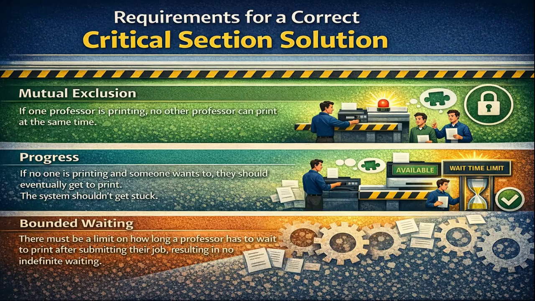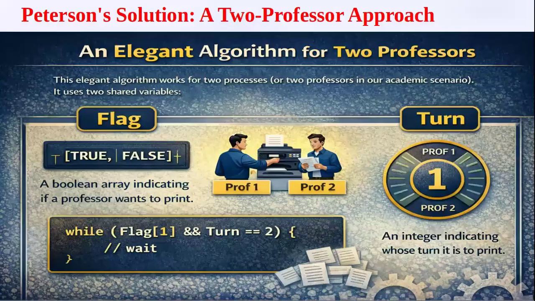Okay, so let us give a solution for this two-professor approach. This solution is called Peterson's solution. It is designed to solve the critical section problem, but one important aspect is that this algorithm works only for two processes.